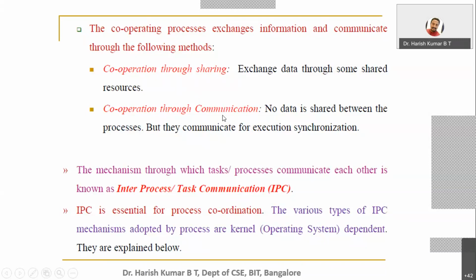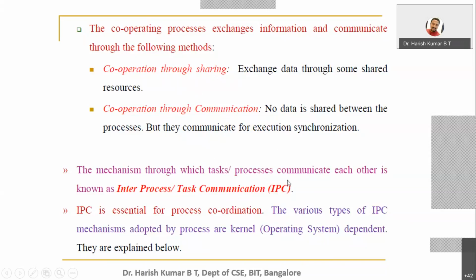Now, how do you make two or more processes communicate and synchronize in order to access shared resources? The mechanism for doing all these things, sharing data or cooperation through communication, we call inter-process communication, IPC.